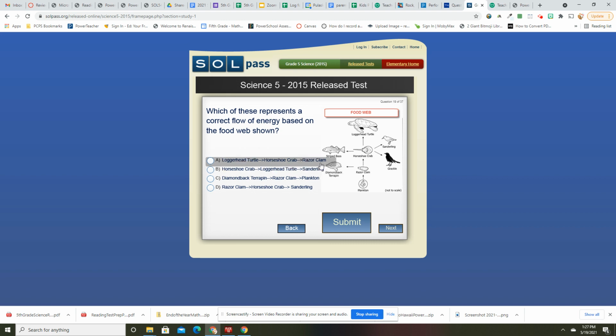So no. Horseshoe crab to the loggerhead turtle to the sanderling, that could be one. Terrapin to the razor clam to the plankton, that's not. It would be the other way around. Plankton, razor clam, terrapin. Razor clam to the horseshoe crab to the sand. So that would be correct.